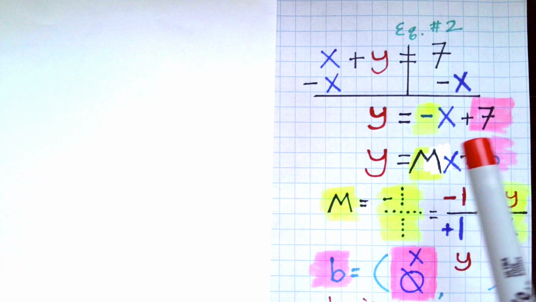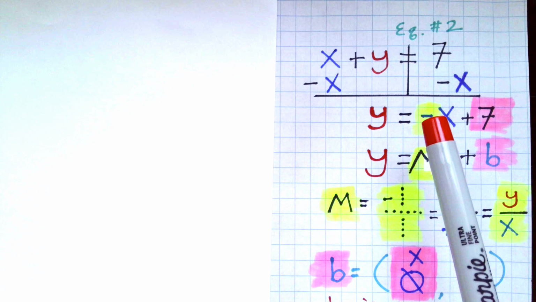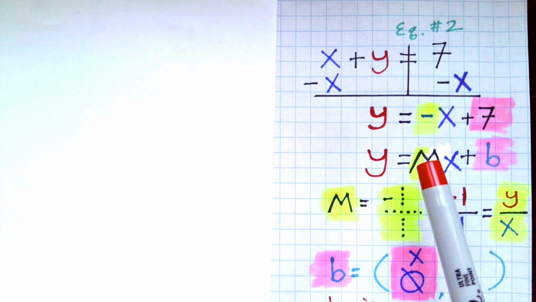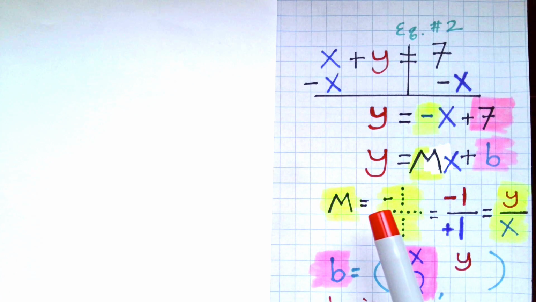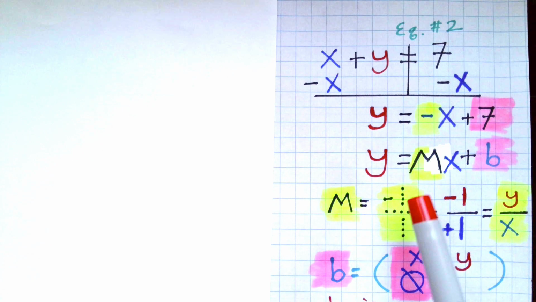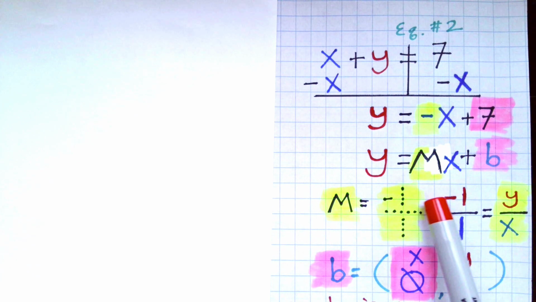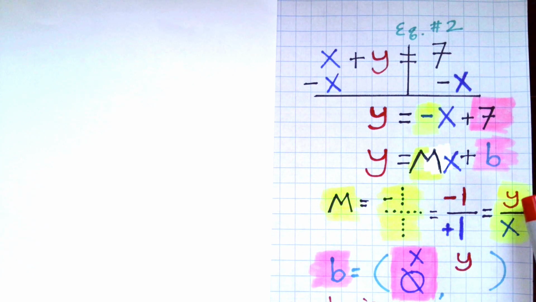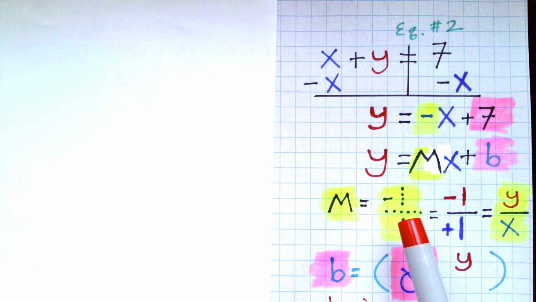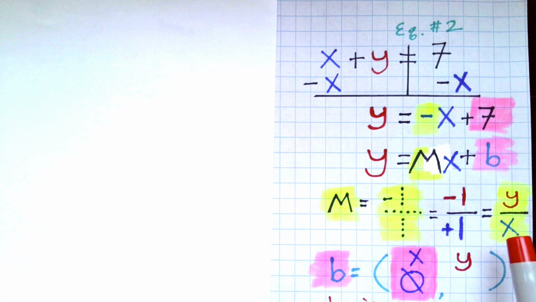Now you can see this is in y equals mx plus b form. My m value is a negative 1. It's the number in front of that x. It's an invisible negative 1, which you see right here. So my slope for this equation, y equals negative x plus 7, is a negative 1 for the numerator of the fraction, which represents negative 1 direction for the y-axis. And then on the bottom, you have that invisible positive 1, which represents a positive 1 direction in my x-axis.